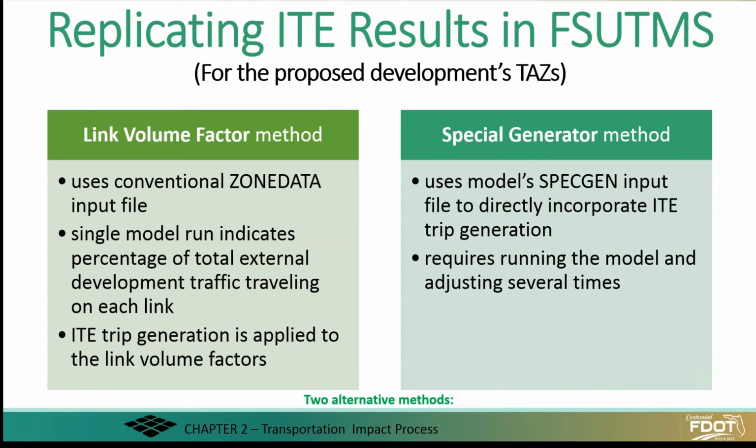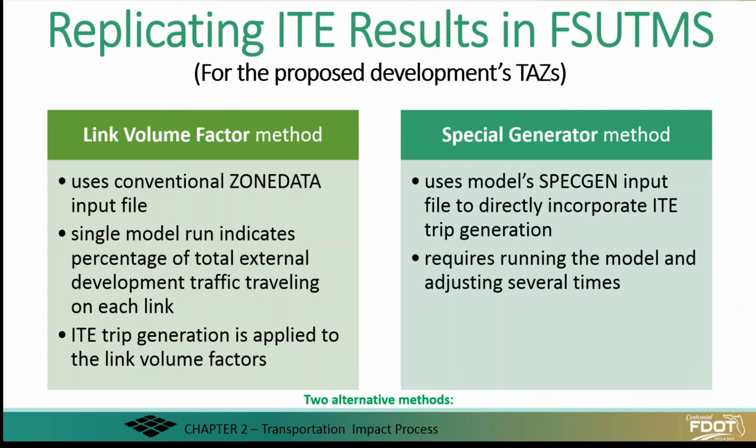Since I mentioned earlier that the FSU-TMS models discuss developments very generally and not very specifically with respect to land use, the data you're going to be putting in may not be as specific as they would be for ITE.